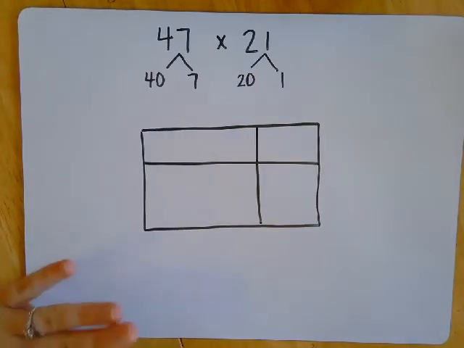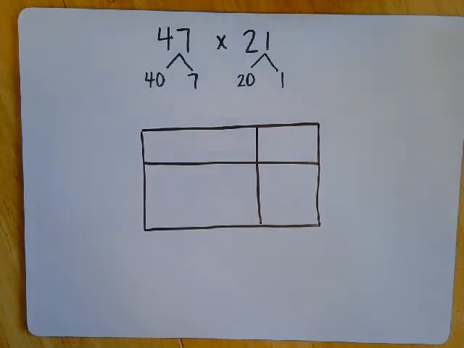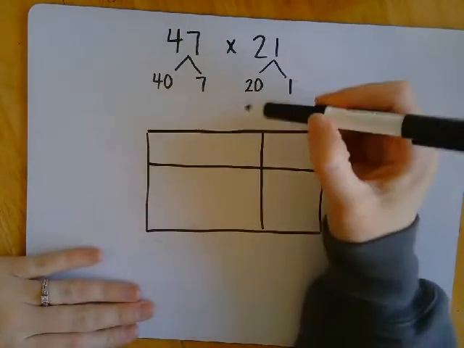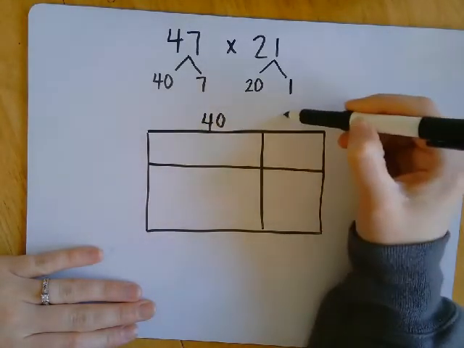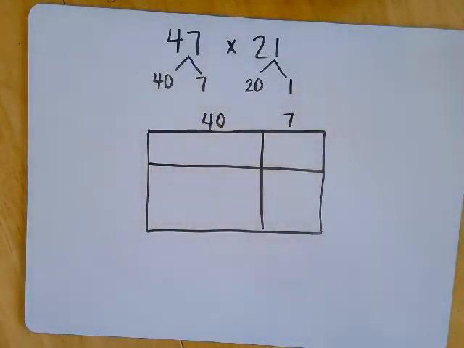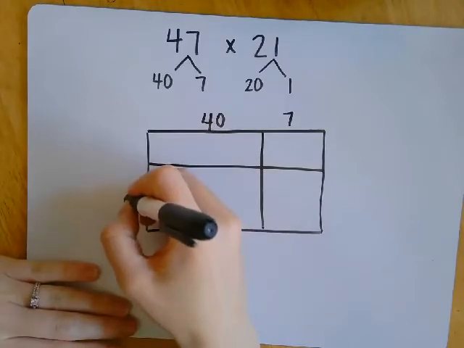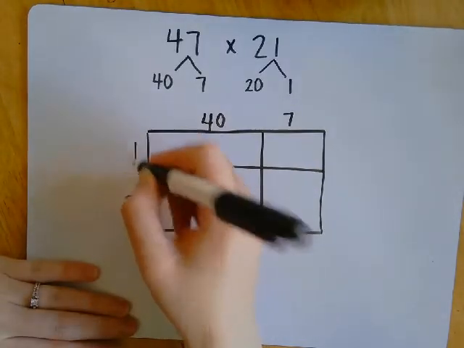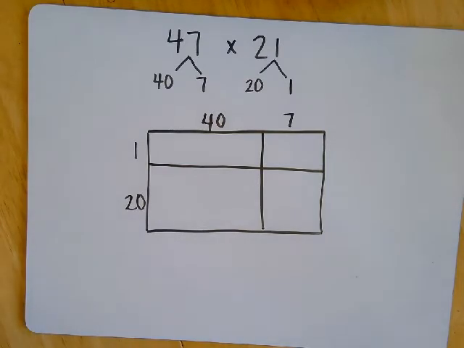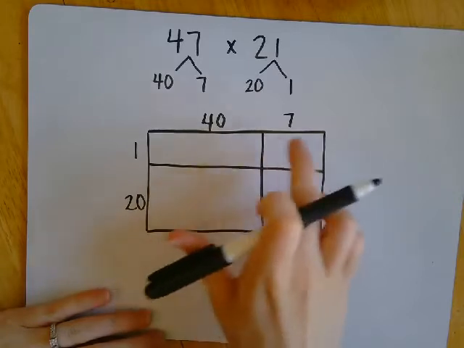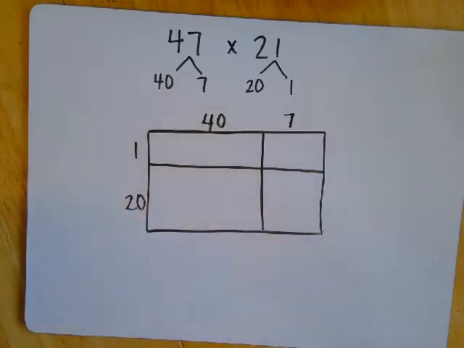All right, I like to put the bigger number up top, so I am going to put 47 up here, and then I will put 21 over here. I'm going to go through and label what each area is, and then we can solve for each part of the problem.